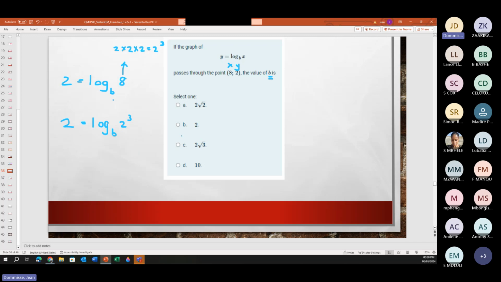If you look at some of those answers, what else would you guys have done with this one? So the 2 to the power of 3 nearly gives me an idea of something here. What else might one be able to do? Any ideas?